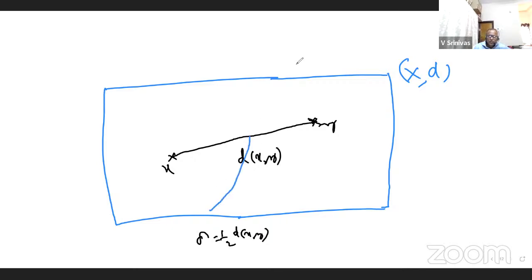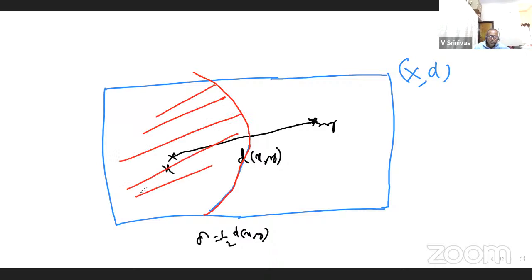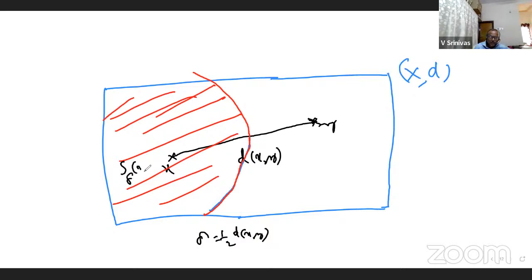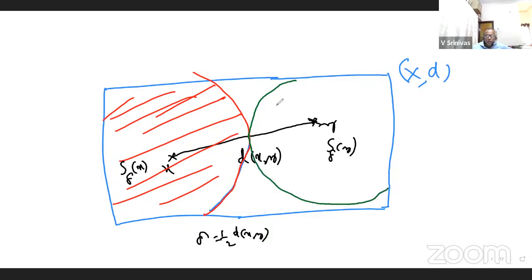You look at S delta of it, it does not go out. Okay, this is this part, right? This is S delta of small x. And then here you look at S delta of small y. That is an open neighborhood, right?